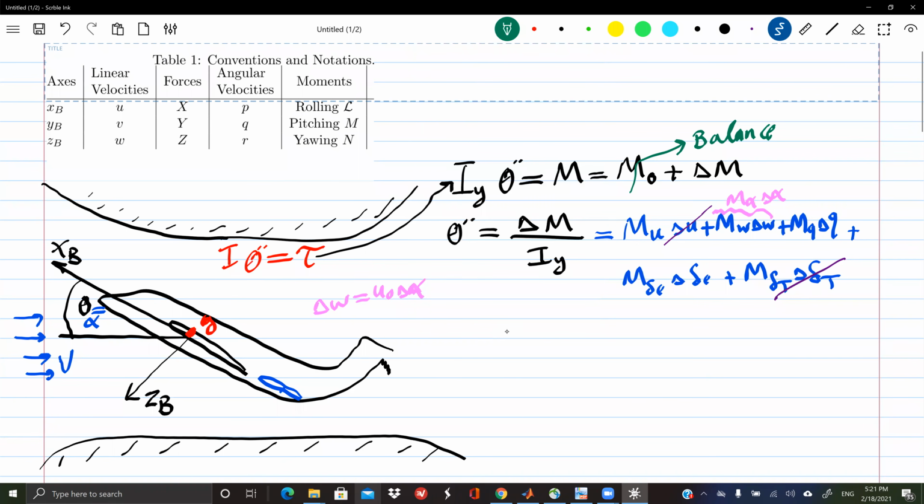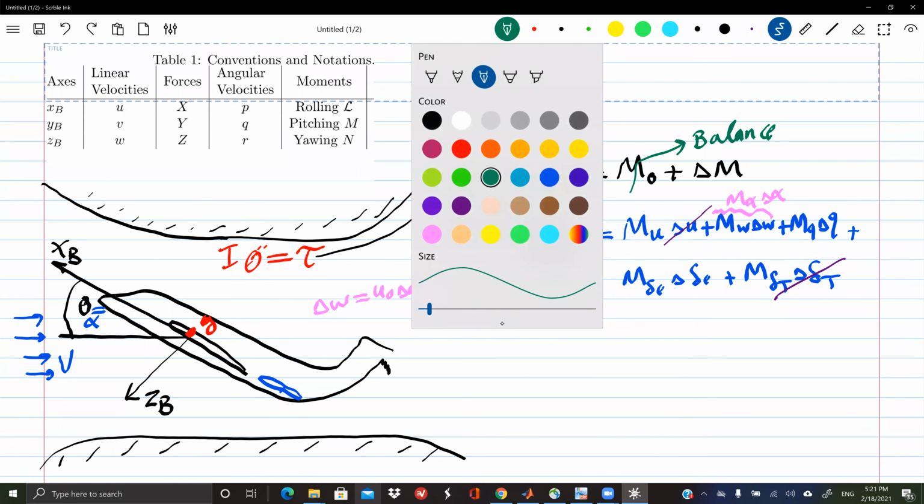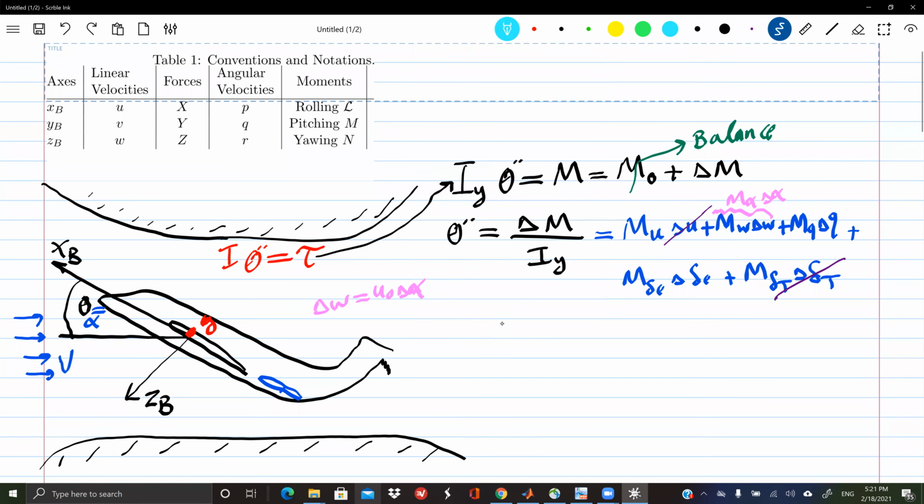Can you tell me what is Q or delta Q in this scenario? Can anyone tell me what is Q? A small pitch disturbance? Yes, but what is its meaning? What do you mean by Q?